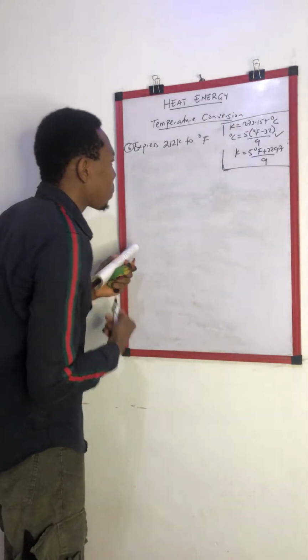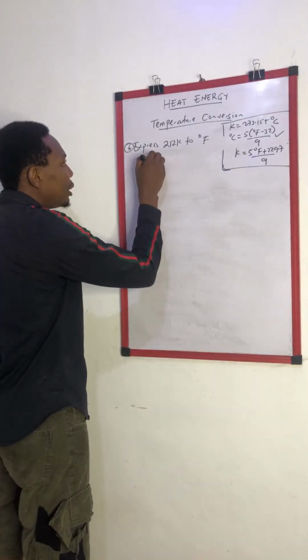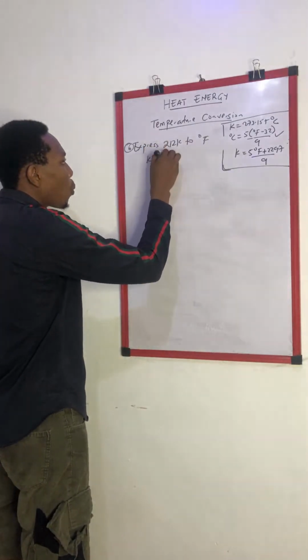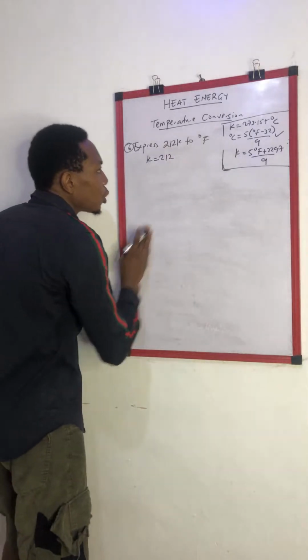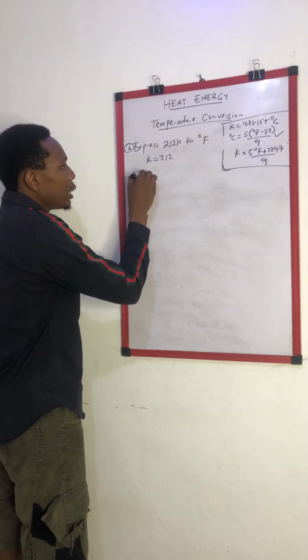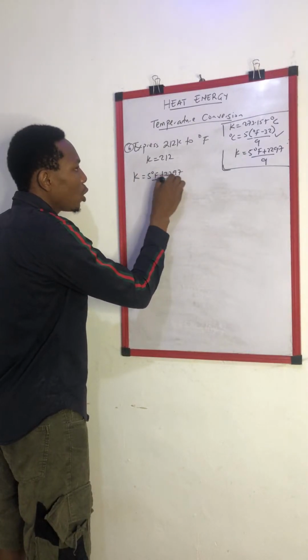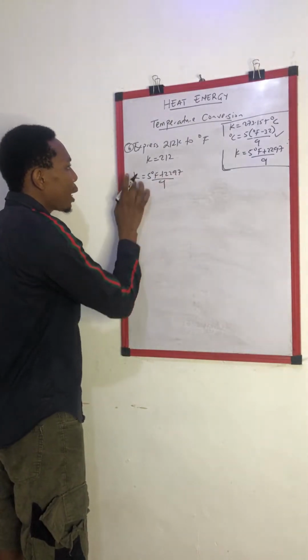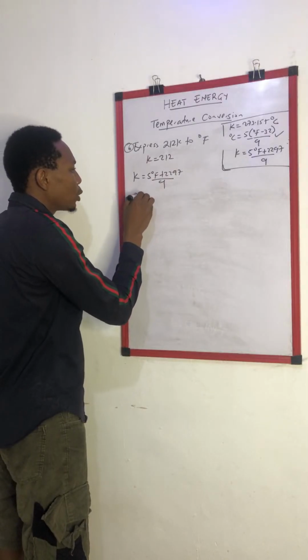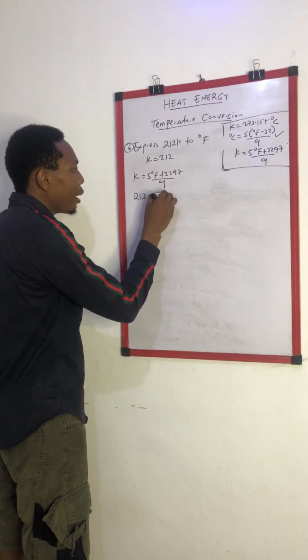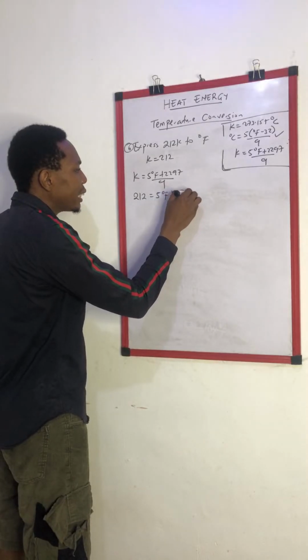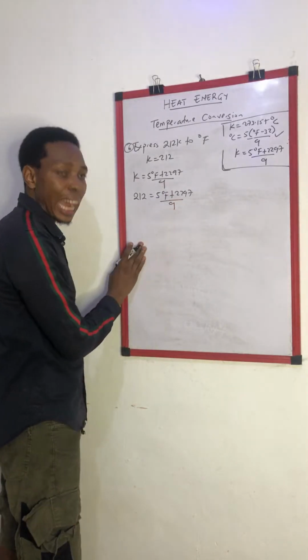Using the first formula, okay, here we are told our Kelvin is equal to 212. Okay, so from here we are given K equals to 5 degree Fahrenheit plus 2297 all over 9. So our K was given to be what? 212 equals to 5 degree Fahrenheit plus 2297 all over 9.